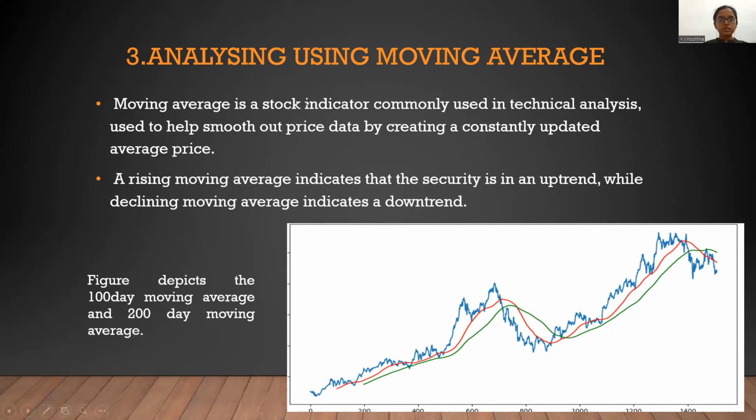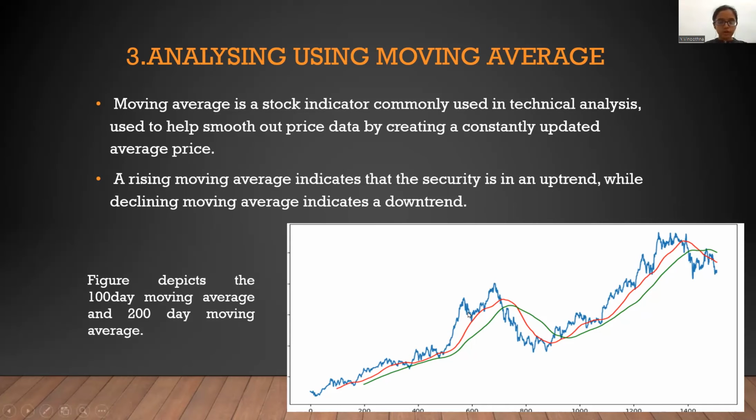That is what is called a moving average; we constantly update the average value. If the moving average is rising, we can say the security is in an uptrend, and if it is declining, there is a downtrend.